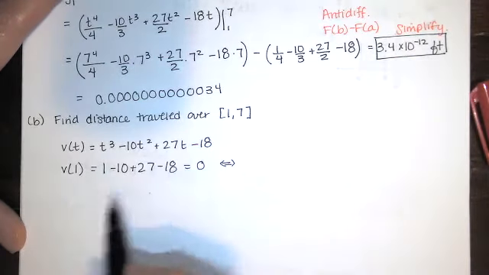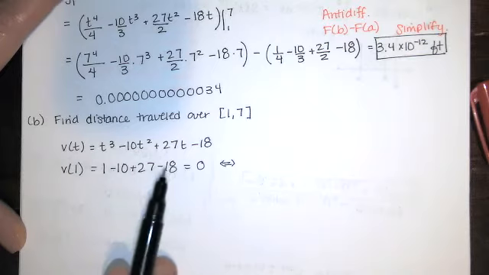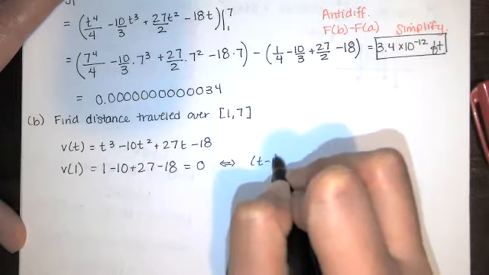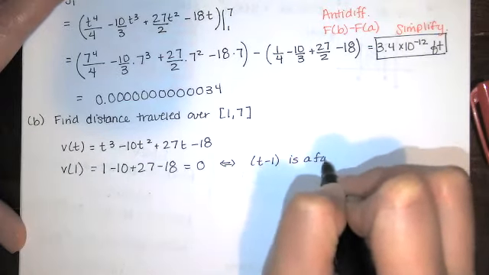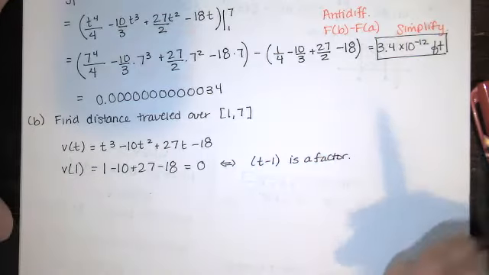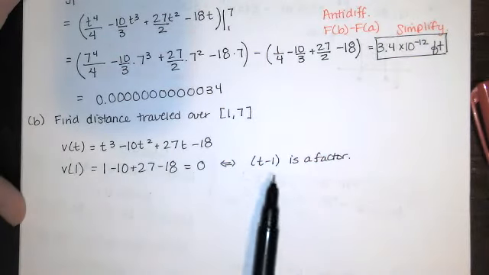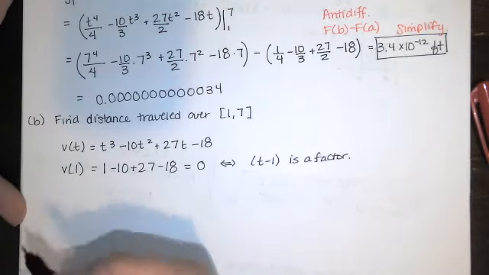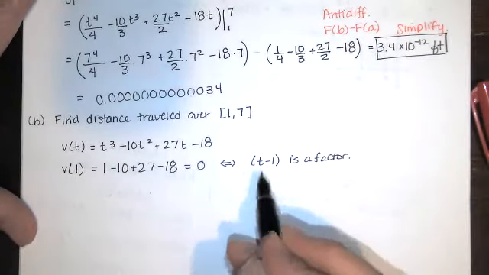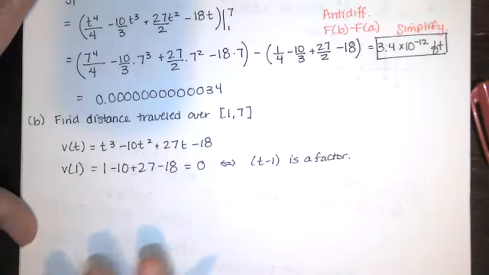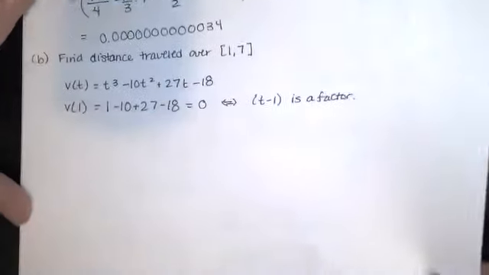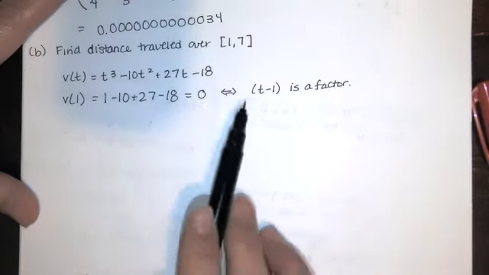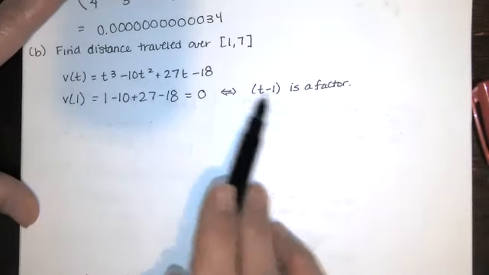Well, if this t equals 1 is a 0 of the polynomial, then that means that t minus 1 is a factor. And it's okay if you don't remember that, but that's going to help us. If t minus 1 is a factor, that means I can factor that out from this. I can take this polynomial and divide out the t minus 1, and I'll be left with a quadratic polynomial that we can factor some other way. We could probably use the quadratic formula if it doesn't factor nicely. So that requires taking this and dividing by t minus 1.